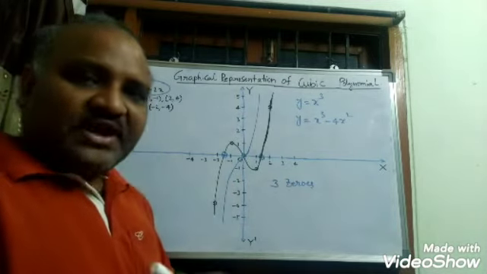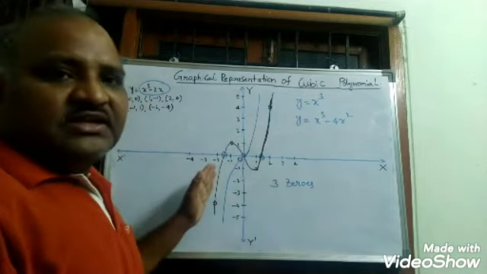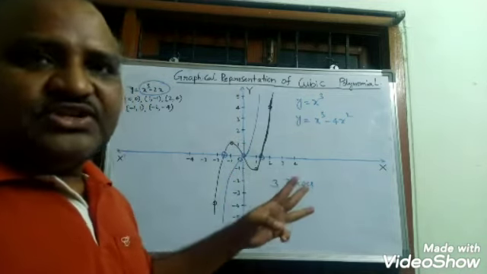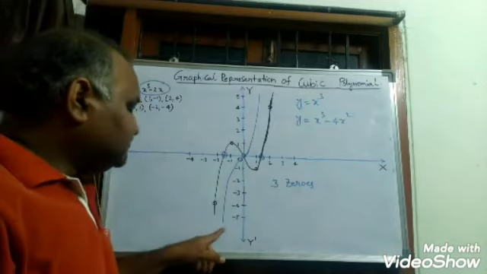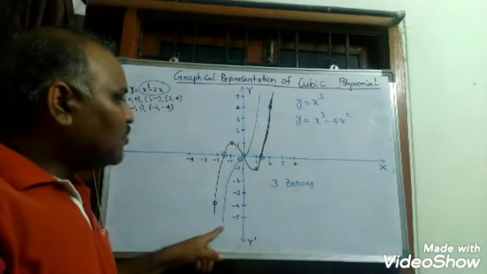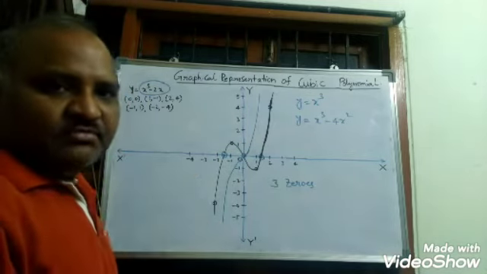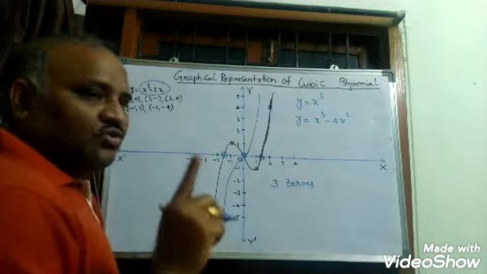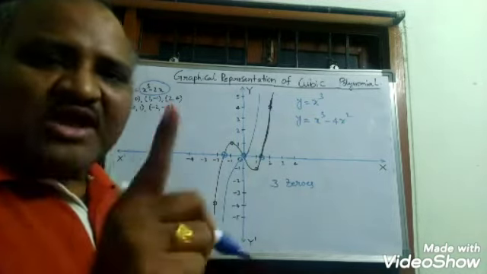So if a graph intersects the x-axis at 3 points, it can have 3 zeros. And here already I have shown you one more graph, y equal to x cube, in the same graph, that intersects the x-axis at only 1 point. That means it has only 1 zero.